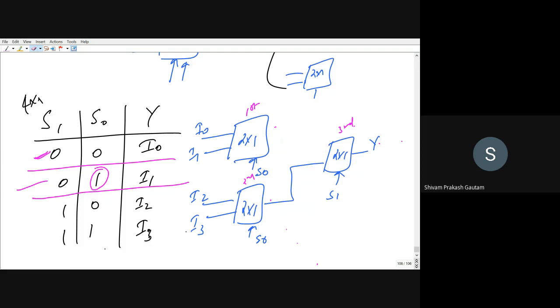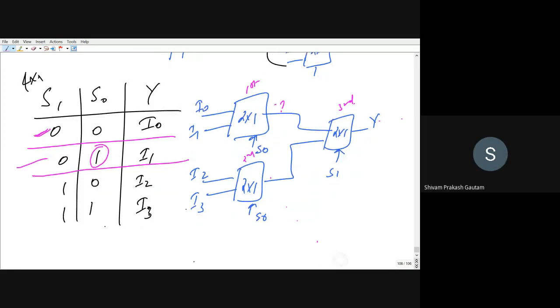So if S1 is 1, what will be flowing here? In the first mux, if S0 is equal to 1, what will be flowing here? I1.